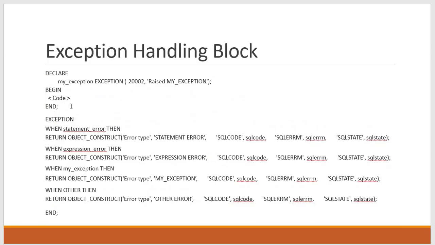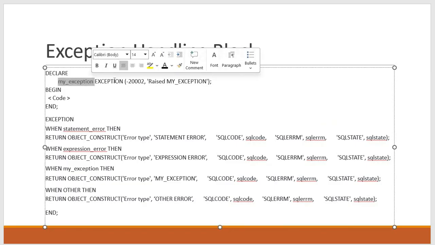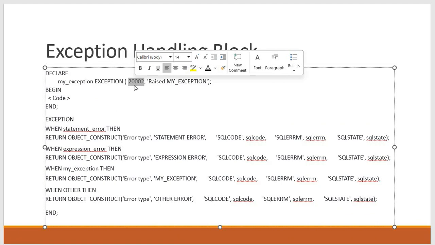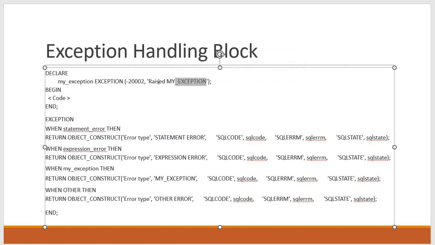Other than the Snowflake scripting built-in exceptions, if I want to raise an exception and handle that user-defined exception, first we have to declare it in the declaration section. Declare the exception name and the type is exception, and we have to put a code, the SQL error code, and we have to supply one error message as well.